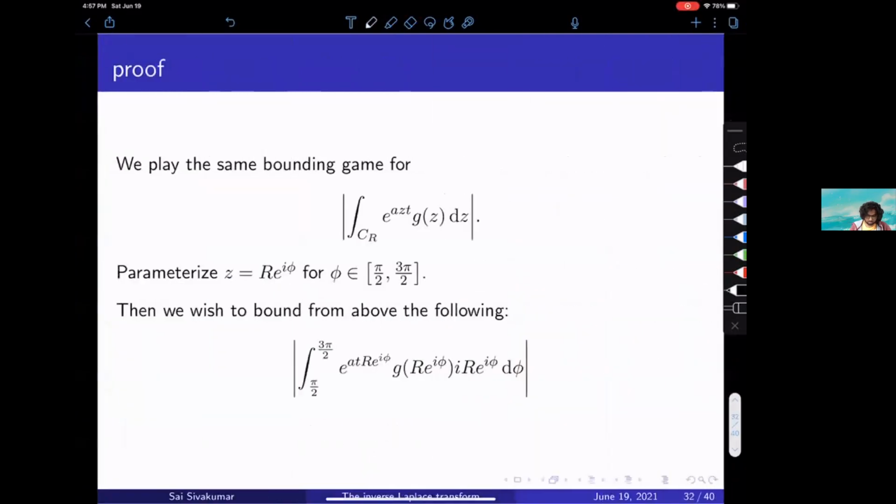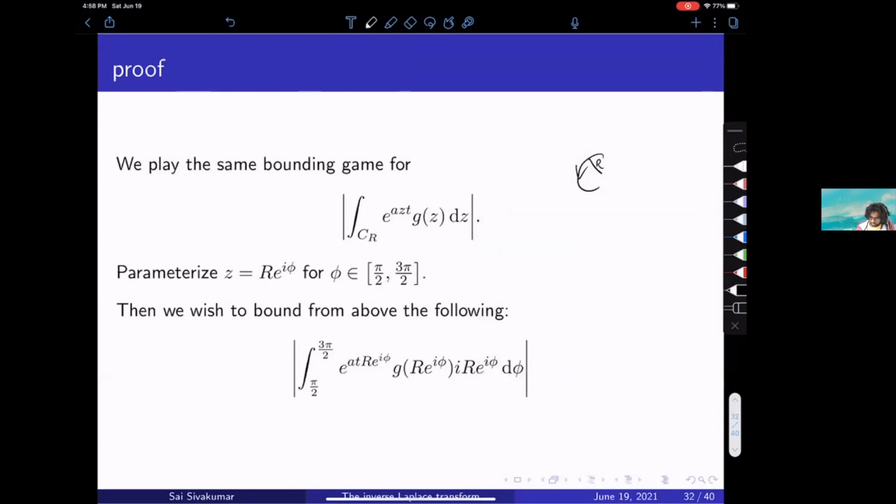Right, so again, the bounding game. So we're integrating over this semicircle like this. So we parameterize first. So this is the radius r. And so the angle is going to be between pi over 2, which is at the top, and then 3 pi over 2 at the bottom.